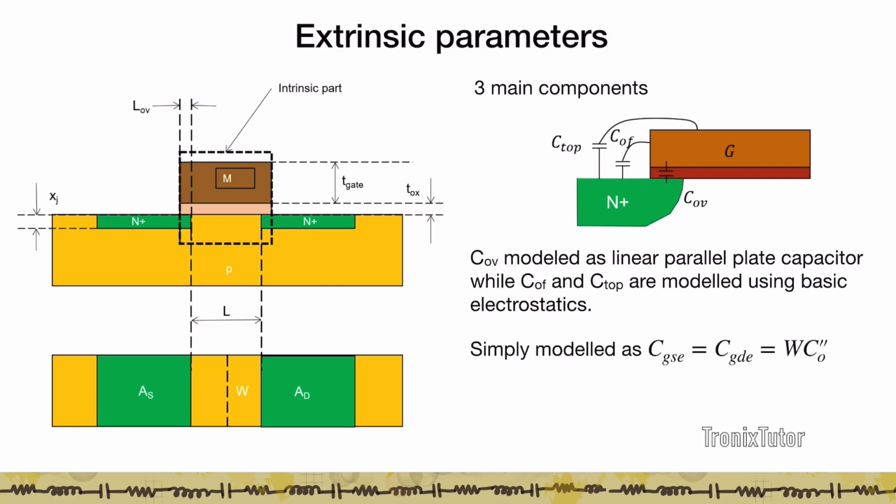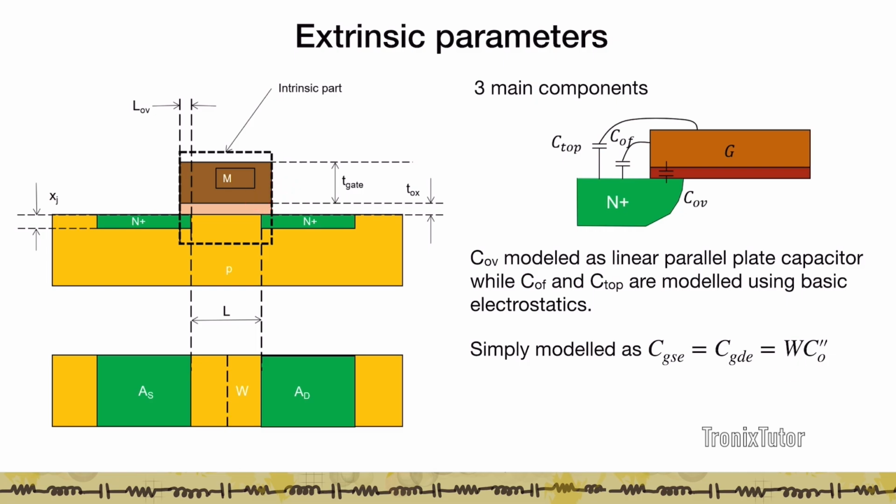But what we'll see is that in most simulators, because all these are so layout dependent, and because we are limited in the quality of our models, we sometimes use empirical models which say that the gate to source capacitance or the gate to drain capacitance is a function of the width of the transistor. Remember, this transistor is uniform into the plane of the video.